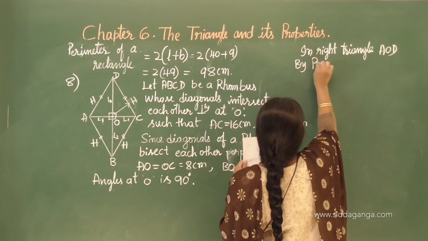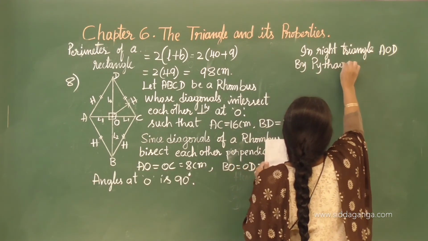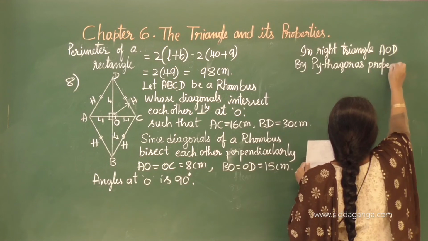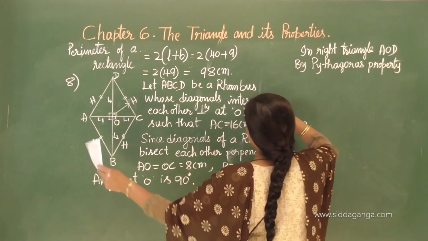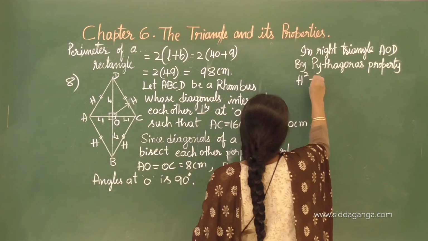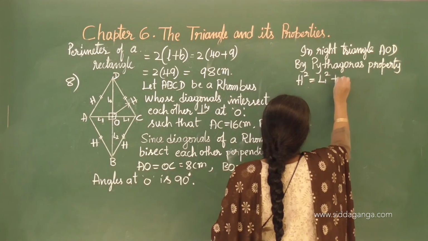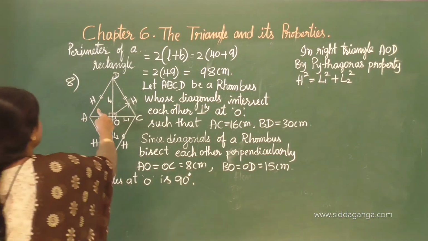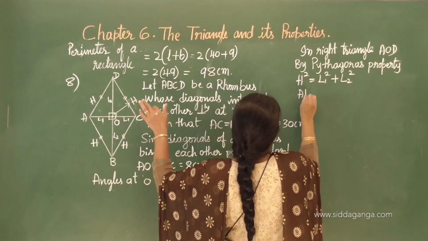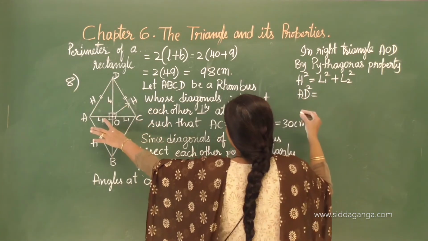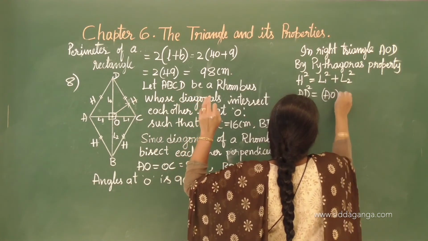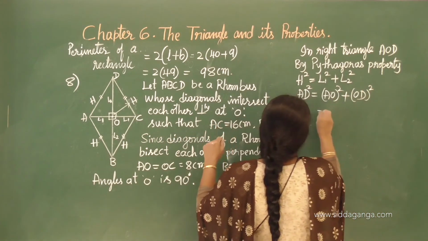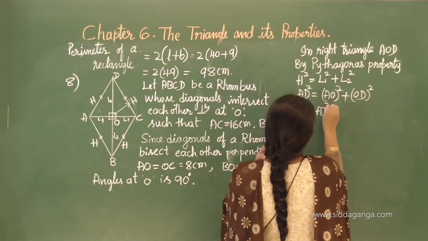By Pythagoras property, we can write H square is equal to L1 square plus L2 square. Here H is AD. AD square is equal to L1 which is AO square plus L2 which is OD square.